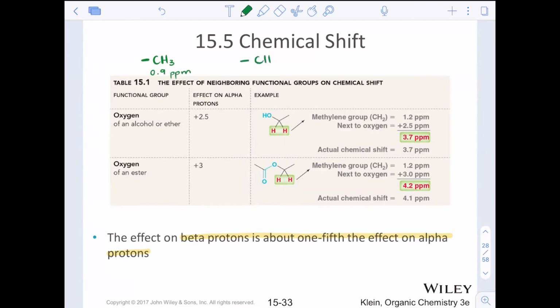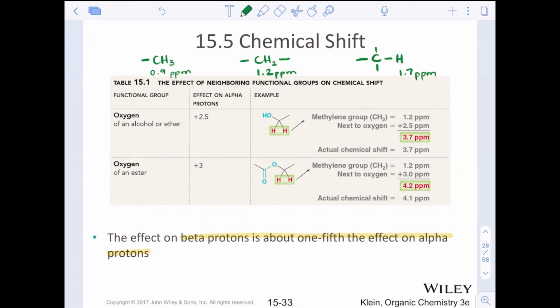A CH2 group, this is what we call a methylene group, where we have a carbon with 2 hydrogens and then other bonds to somewhere else, usually starts at about 1.2 ppm. And then a methine group, a C with 1 hydrogen, usually starts about 1.7 ppm. These values you should know. I will be expecting you to do some calculations with these, with the effect of these protons based off of other things around them.